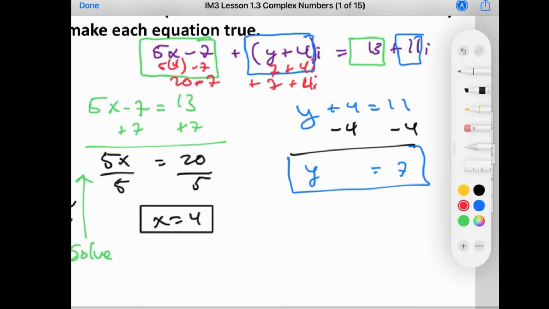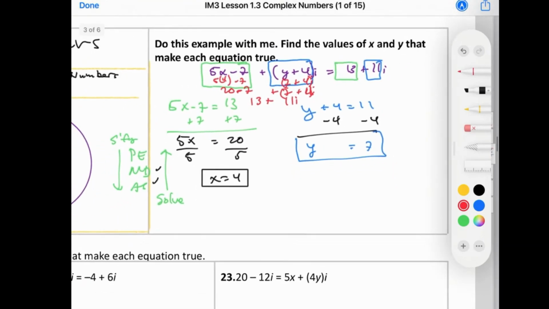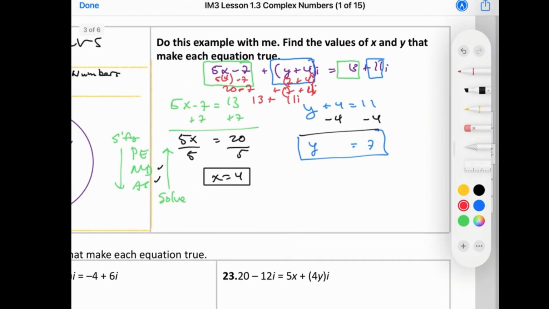Oh, I did a bad thing right there. It should have been here in parentheses. So that'll become 7 plus 4, which becomes 11i. And over here, 20 minus 7 gives you 13. So I'm just trying to show you why you're solving for x and y, and why you can put it back into the equation and it makes it true.